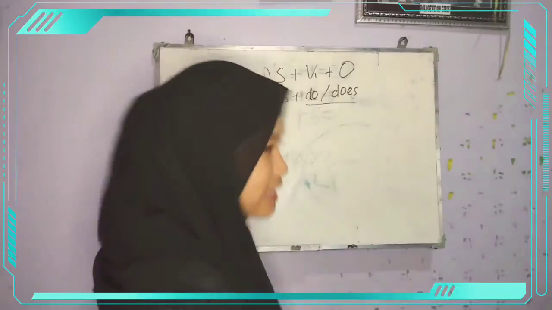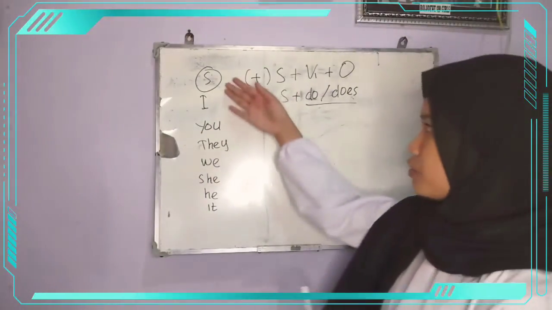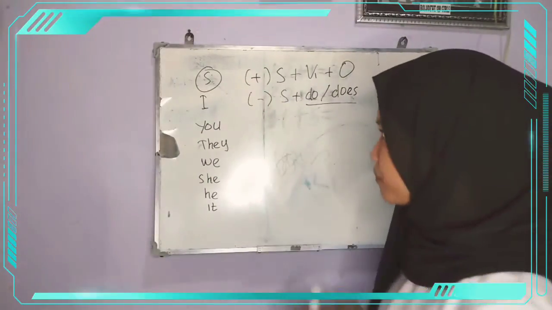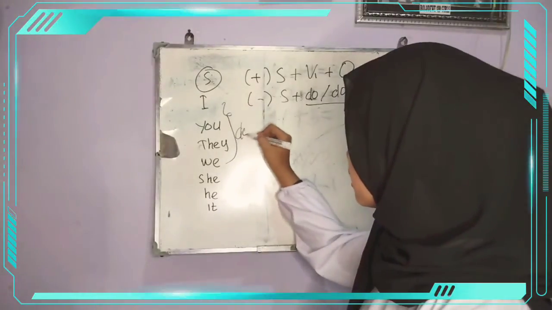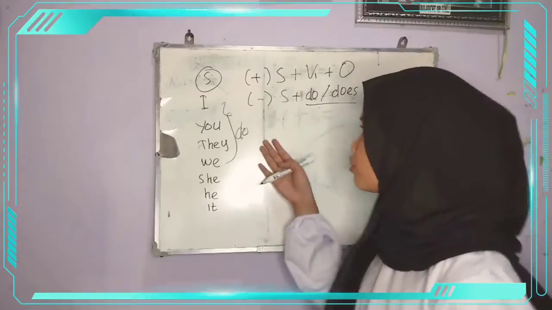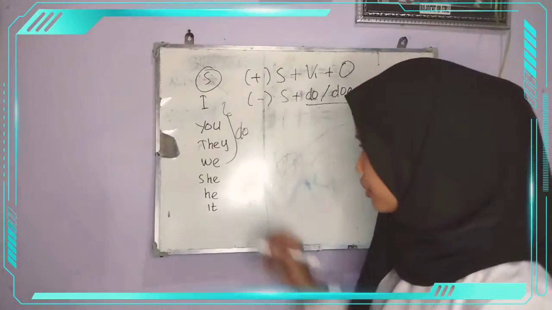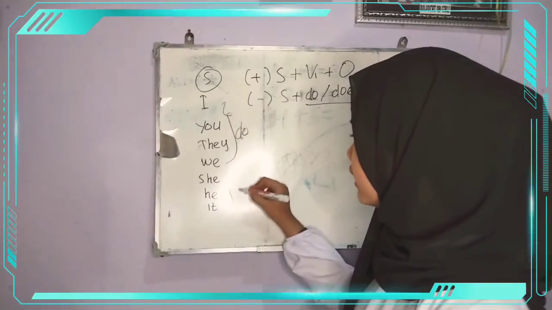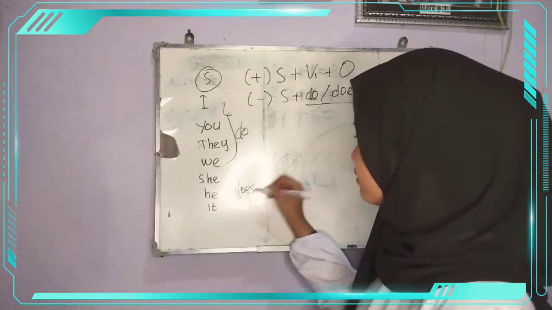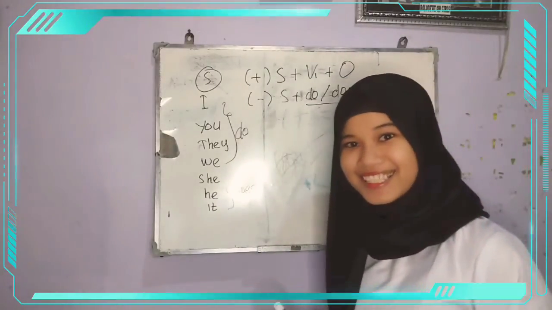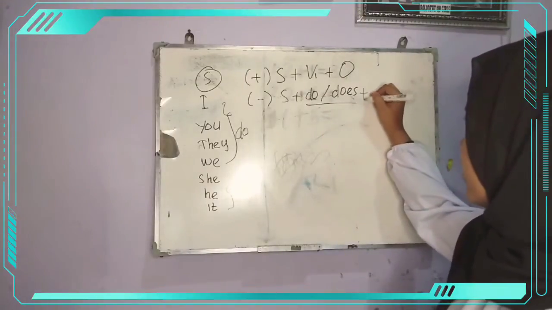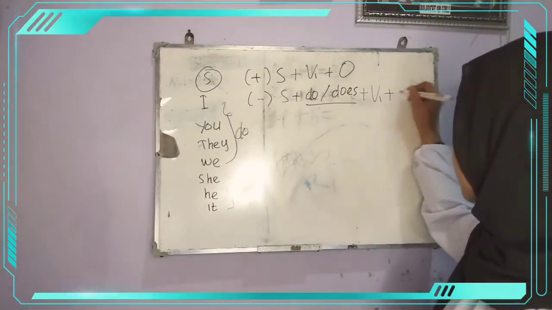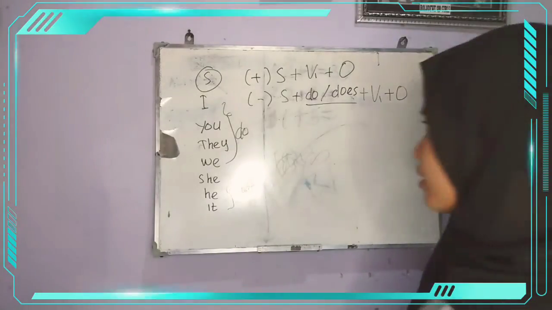For I, you, they, we, we add do in the negative pattern, and for she, he, it, it is does. Do you understand this? Alright. After do or does, add verb 1, and then the object. Okay?